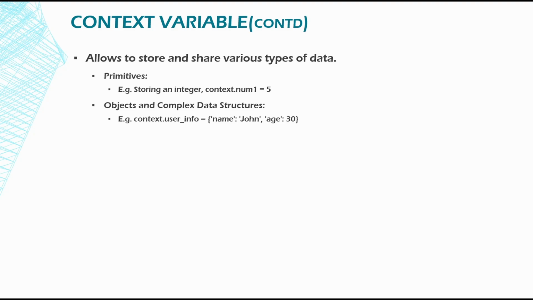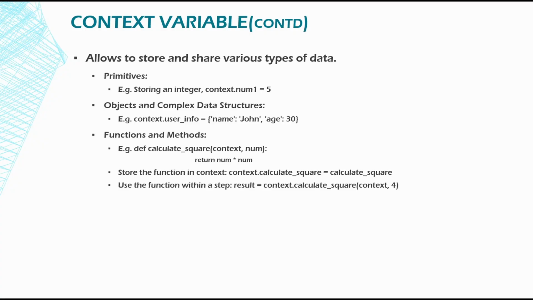Apart from this, the context variable can also store functions and methods. In some cases, you might store functions or methods in the context variable, especially when you want to define reusable behavior or actions that can be invoked across multiple steps. So you can define a custom function.